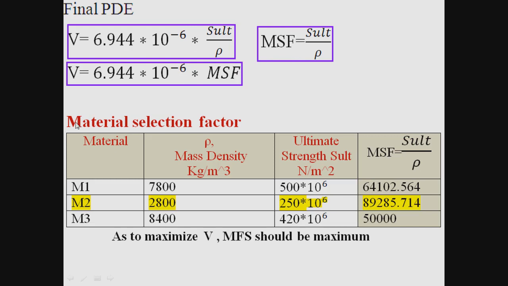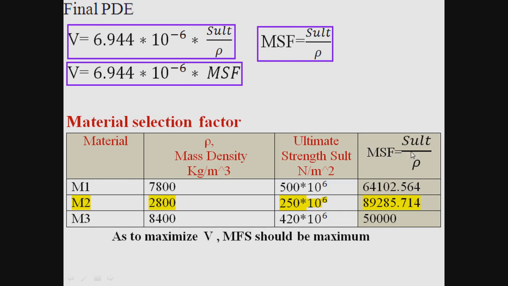We need to calculate this value for the different materials. We have to select the material which maximizes this value, because it will increase the storage capacity of the pressure vessel. Our aim is to maximize the capacity of the pressure vessel.